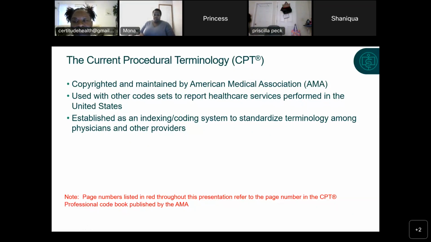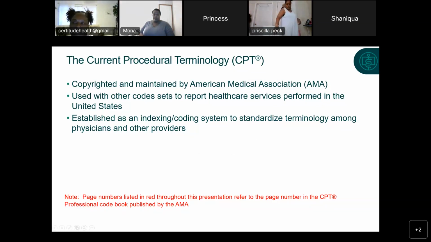This is medical, meaning your surgeries, your office visits, your clinic visit services. But the dental service line of healthcare has their own set of codes that they use for their services. So it's a lot involved in coding, but we're focusing on this part of coding because this is what the CPC exam focuses on.